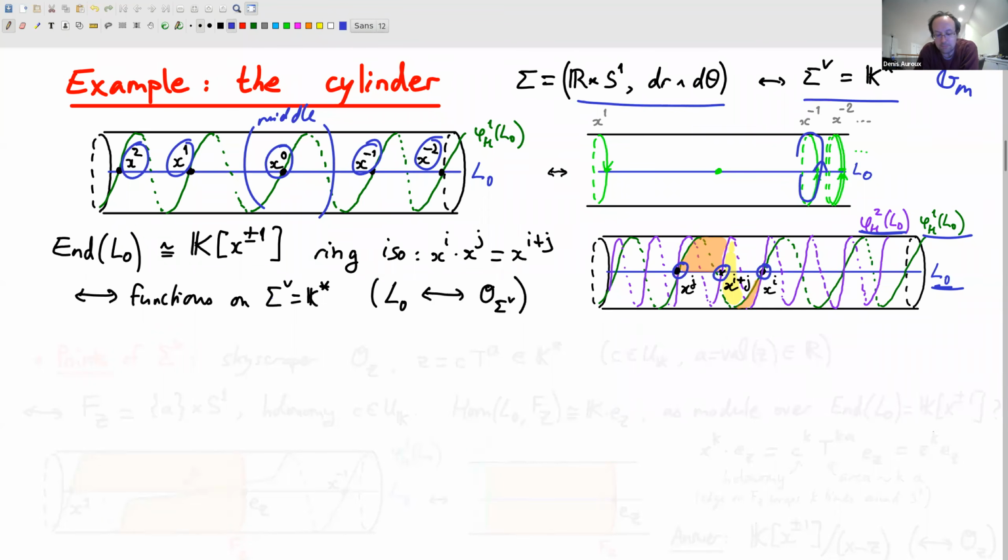Well, this is good because this matches the structure of algebraic functions on what you can call the algebraic torus of dimension 1, if you want to be pedantic, or I will just call it K star. So this is actually the bulk of the proof of homological mirror symmetry for the cylinder once you realize that L0 corresponds to the structure sheaf of the mirror, and everybody can be understood in terms of modules over these objects, hence modules over this ring.